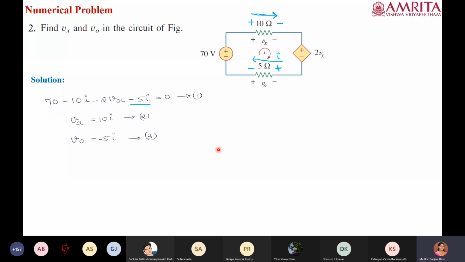So Vx is 10i, so 2 Vx is 20i, so I will be 2 ampere.